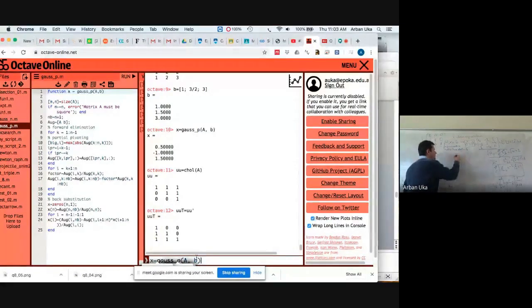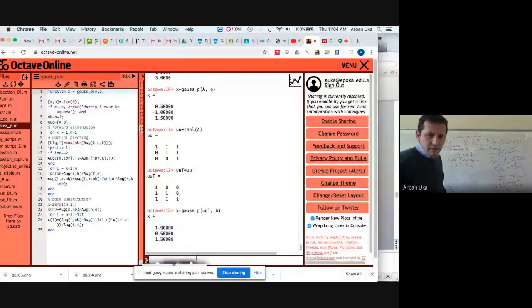Here we have A times X equal to B. Now A is equal to UU transpose times UU, the upper triangular matrix, times X, equal to B. Let's assume UU times X is Y, so we have UU transpose times the vector Y equal to B. Using the B, we get this solution: 1, 0.5, and 1.5.